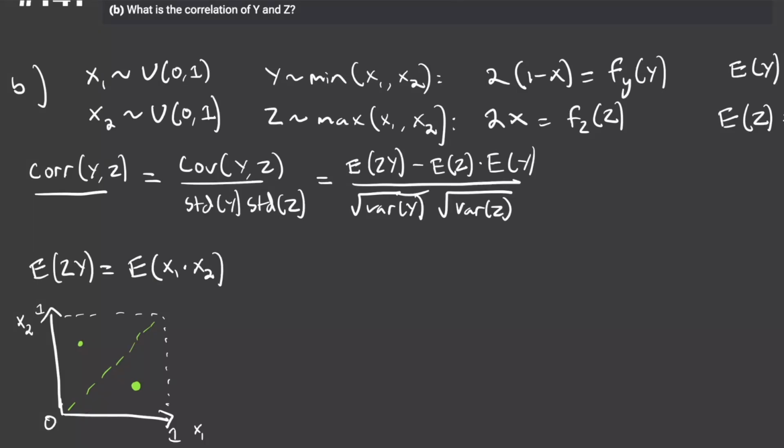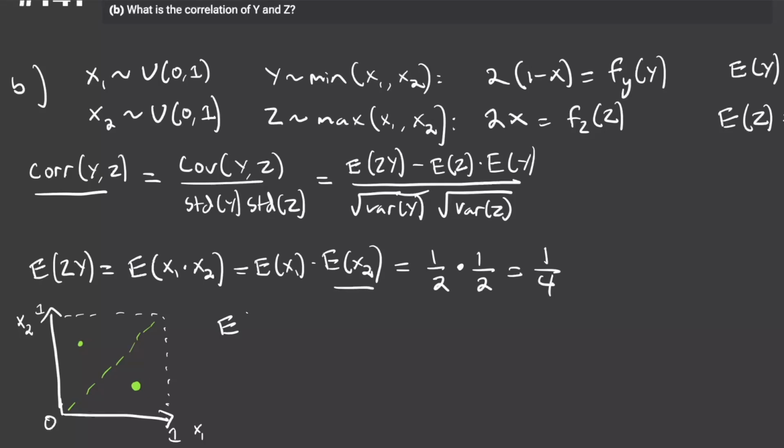And then because x1 and x2 are completely independent of each other, we've already proven back in the discrete section of the roadmap that when we have the expected value of two random variables that are independent, you can just express that as the expected value of x1 times the expected value of x2. Also, in previous parts, we know what the expected value of a uniform 0 to 1 is, right? It's just going to be 1/2. And same for this one, it's also a uniform 0 to 1. So 1/2 times 1/2 equals 1/4. So that's the easy way to solve that.